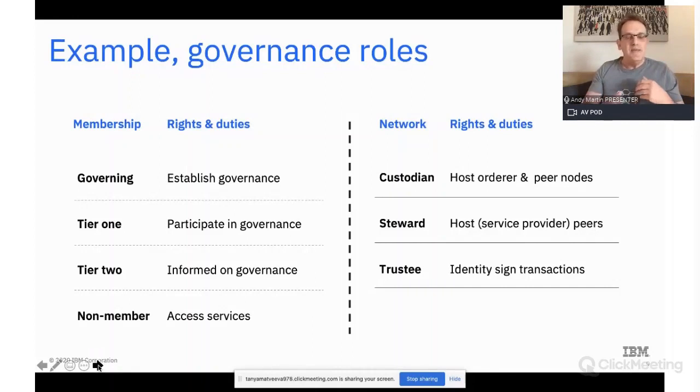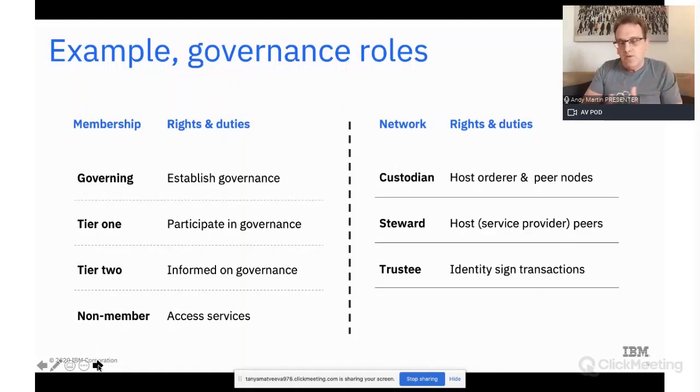You may be a tier 1 member, where perhaps you have great gravitational pull to bring transactions onto the network, and you may be participating in governance. Or you may be a tier 2 or a non-member, where you're simply informed of governance decisions or you access services. Now, what's terribly important is this governance needs to be democratic, transparent, and fair. And recognize, as we become more decentralized, you may wish to change this to make it yet more democratic.